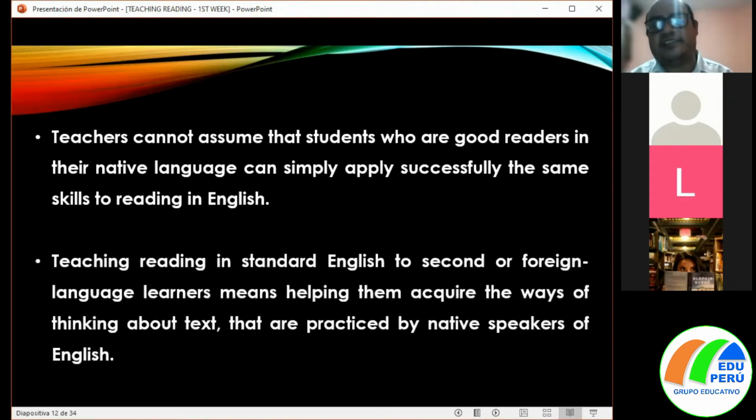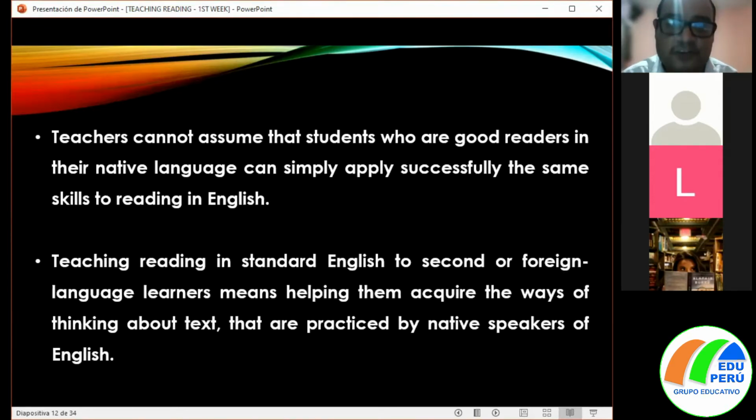Teaching reading in a standard English to second or foreign language learners means helping them. So this is our function. Notice here, this is very important to remember as a teacher. What is our function? We need to help our students acquire different ways of thinking about the text that they are going to read, that are practiced by native speakers of English.